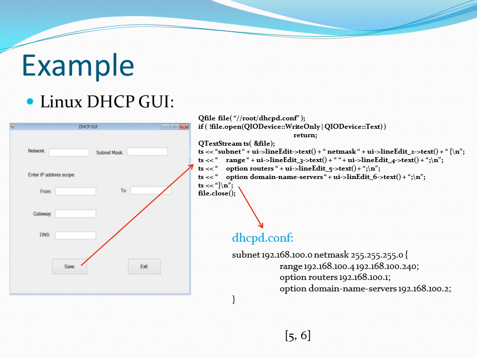So we might do this using Qt Creator and C++, and we take the contents of some line edit boxes, and that's used to develop the output file, which will be a dhcp.conf file, which will then be used by a Linux DHCP server.